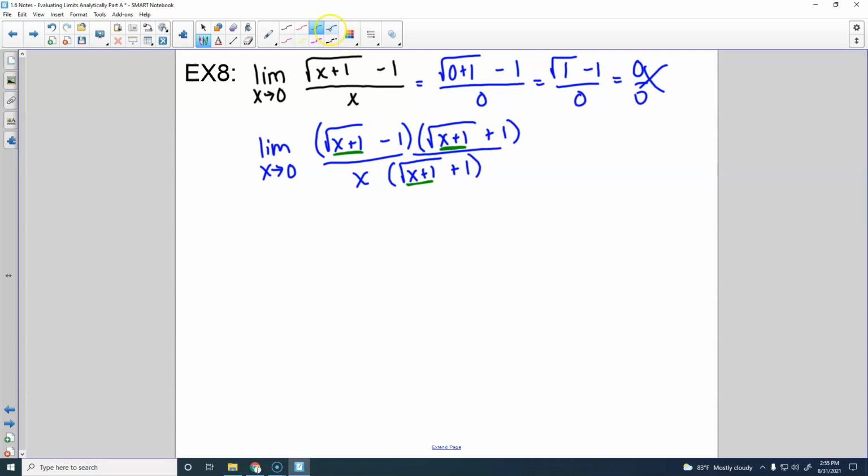All right, so now in the numerator, I'm going to distribute. So square root of x plus 1 times square root of x plus 1 is just going to be x plus 1. Because it's like x plus 1 squared, and then you're taking the square root, which cancels each other out.